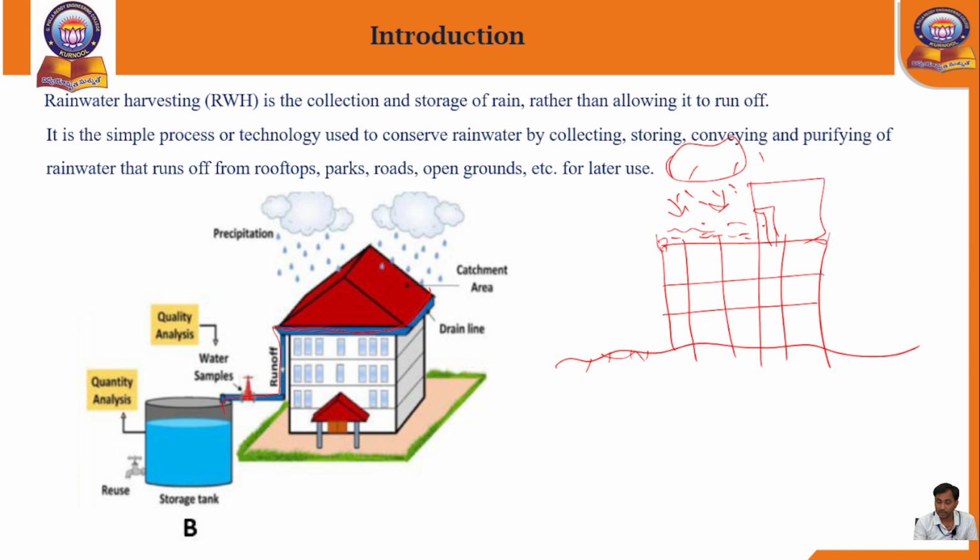From that terrace, how are we releasing it? Here we arrange conduits, nothing but pipes, so that the collected rainwater will be transferred into the storage, nothing but a sump that we provide. In that storage we send the rainwater through the pipes.